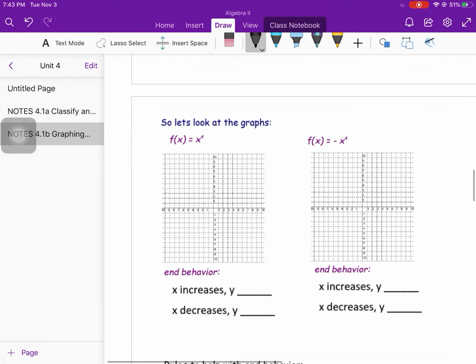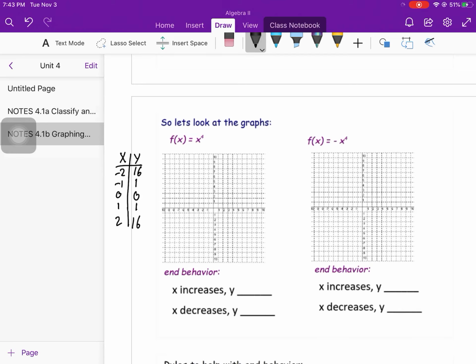Okay, one more set to go through. Now we're looking at x to the fourth power. This one's a little bit more involved. Even if we make our table again, so we do -2, -1, 0, 1, and 2. Now if you plug in -2 into x to the fourth, you're going to get +16.